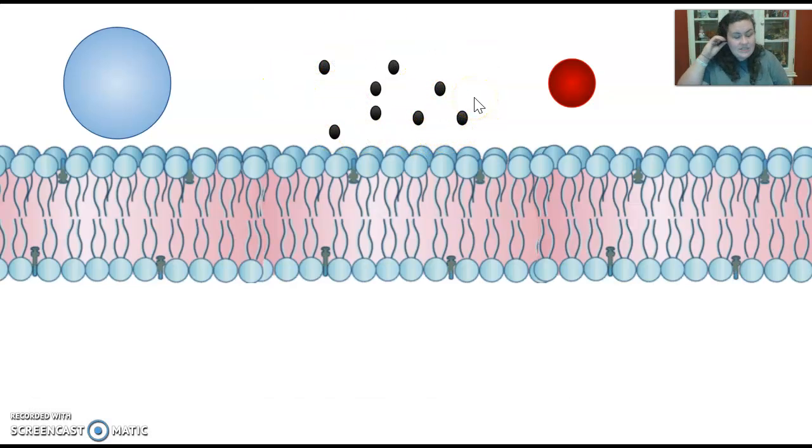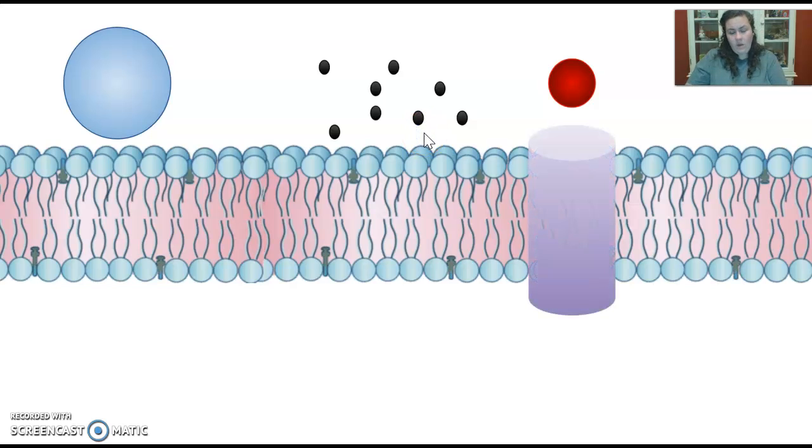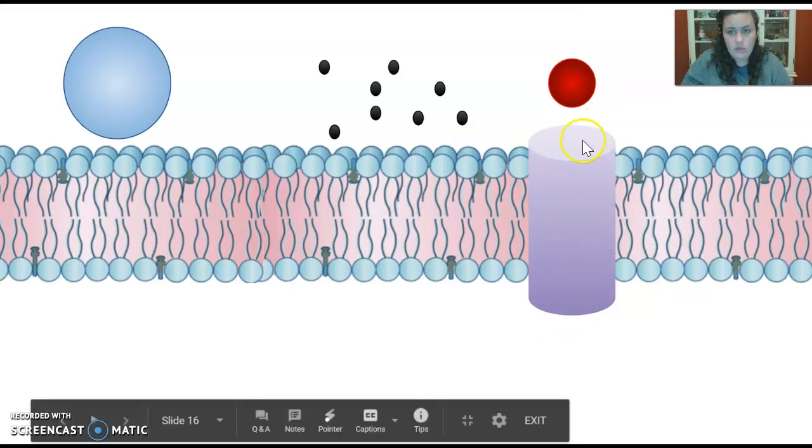So we said that the membrane, a million years ago, was made of phospholipids and proteins. And we talked about the phospholipids, which are these little circles with tails. We haven't talked yet about the proteins. So what if we had basically like a tube in the membrane?